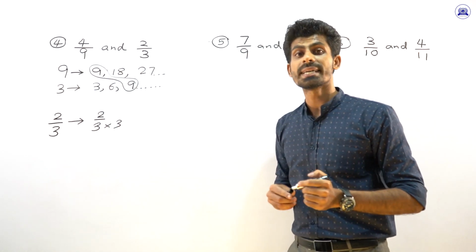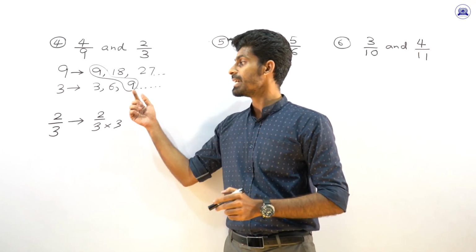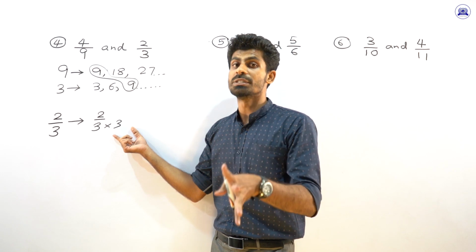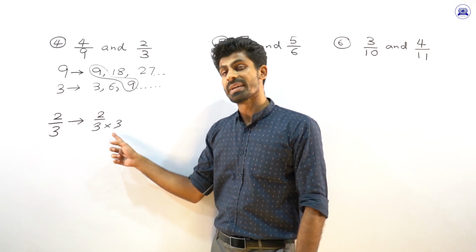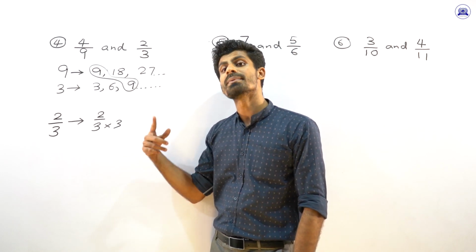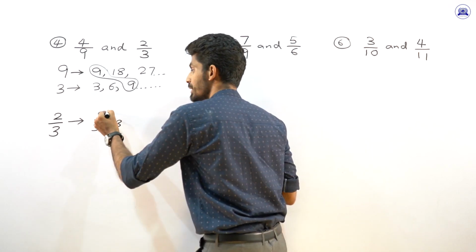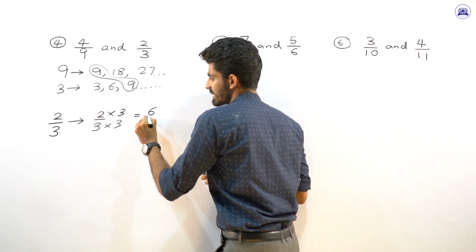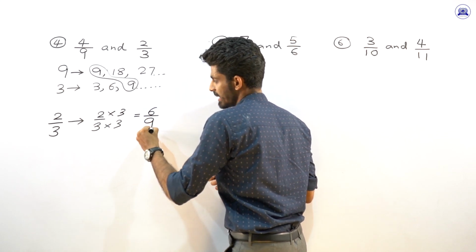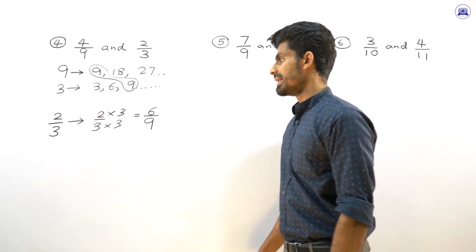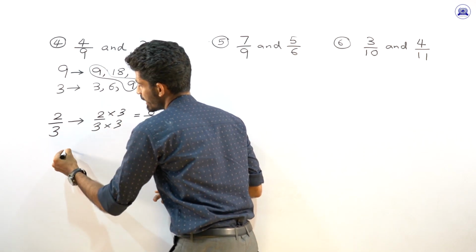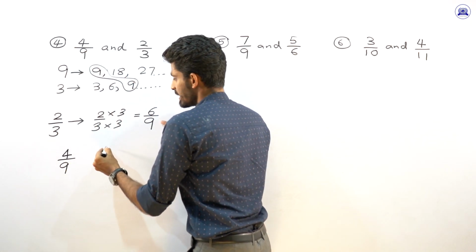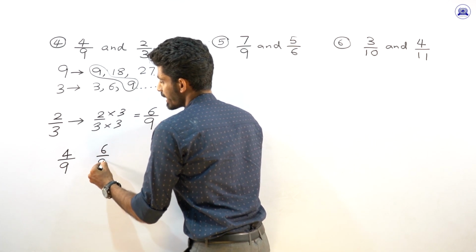Because we need to create an equivalent fraction with denominator equal to 9. You need to multiply the denominator, and the numerator as well. 2 into 3, 6. 3 into 3, 9. So we have 4 over 9 and 6 over 9.